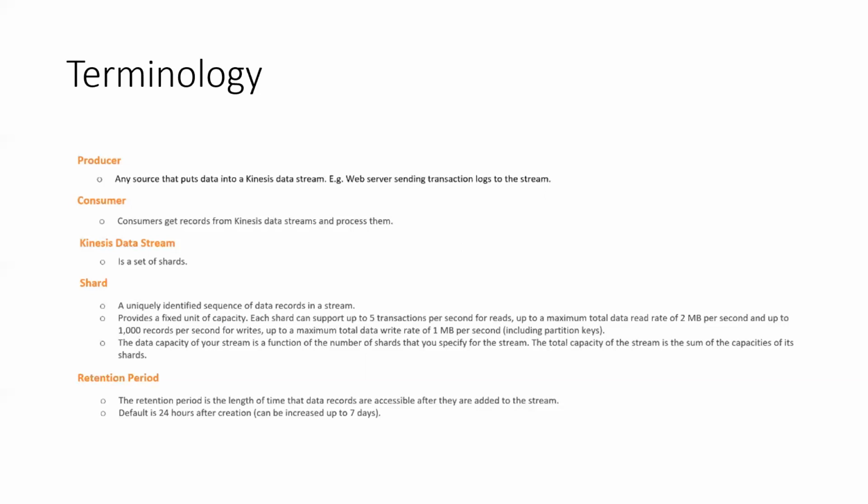One shard can write up to 1,000 records. Let's say you are getting 10 MB of data, and you know we can read 2 MB per second, so you will create 5 different shards for that data, because it cannot accumulate 10 MB of data together, right? Okay. Got it.